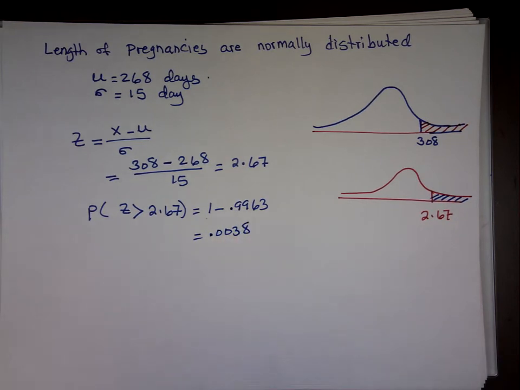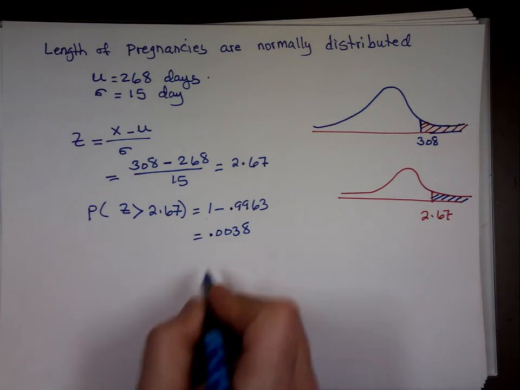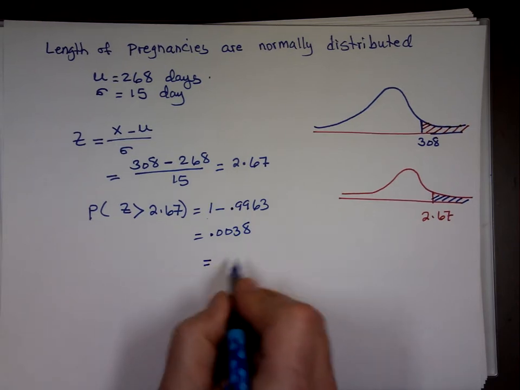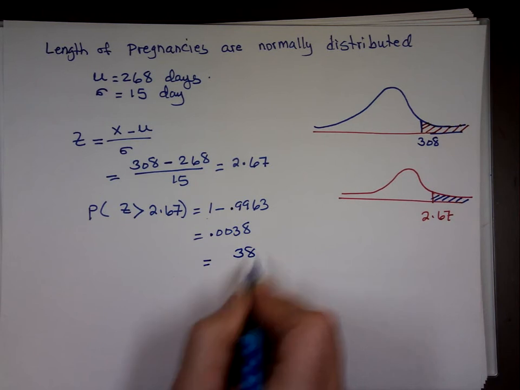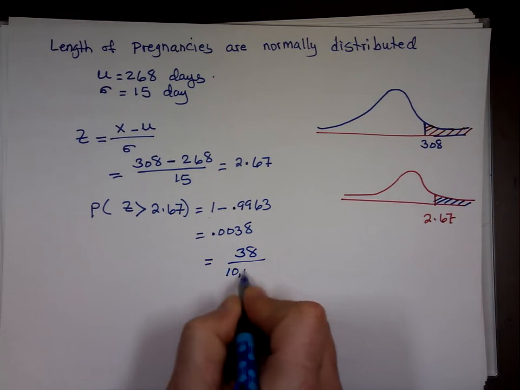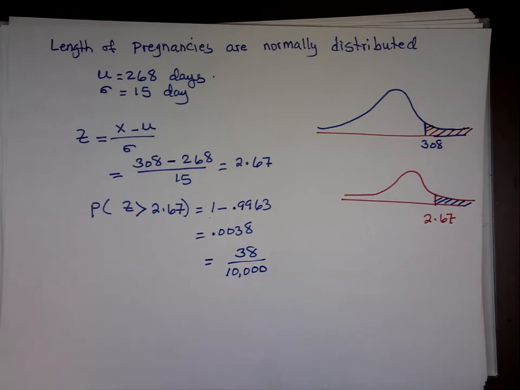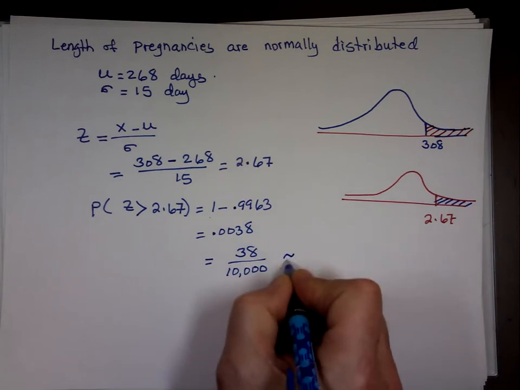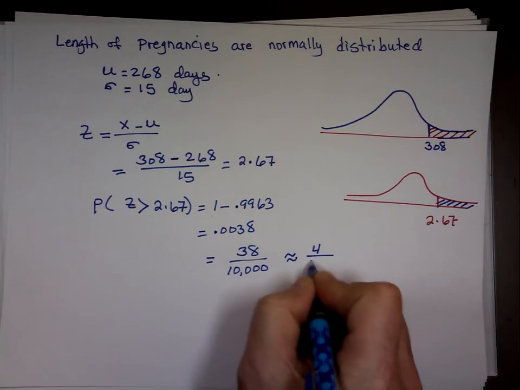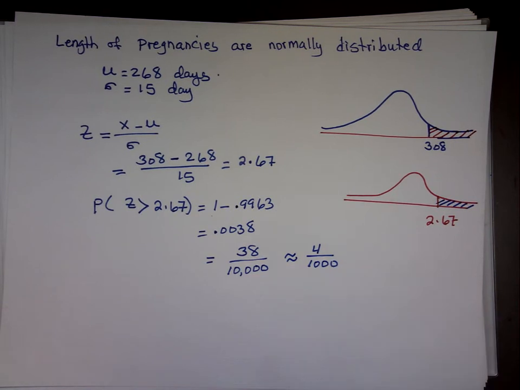When you think about that, and I say it's not really that rare, it's 38 people out of 10,000. So of every 10,000 pregnancies, 38 of them will last that number or higher. Or approximately 4 out of 1,000. For every 1,000 deliveries, 4 of them will last approximately that date or longer.